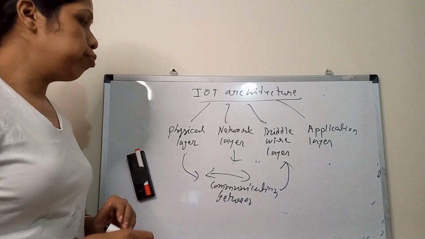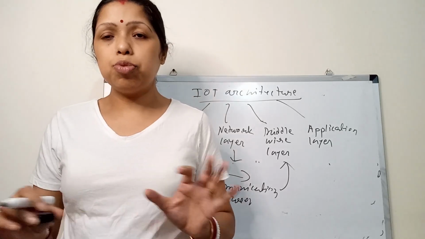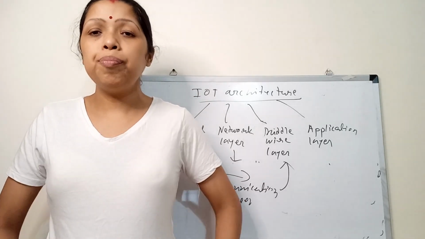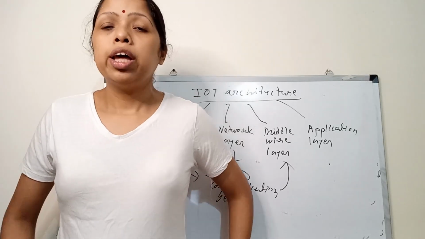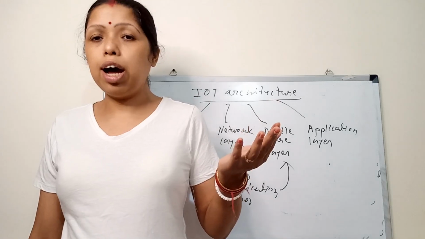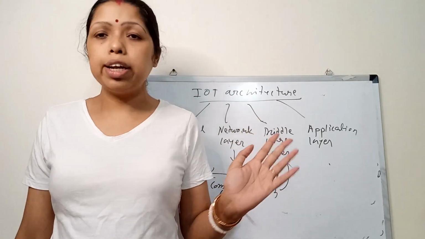If you want to transfer the data coming from the different sources of the sensor, those sensor data should be transferred to the processor, and that processor may be in your computer or it may be in the cloud. So for that you need the network layer.